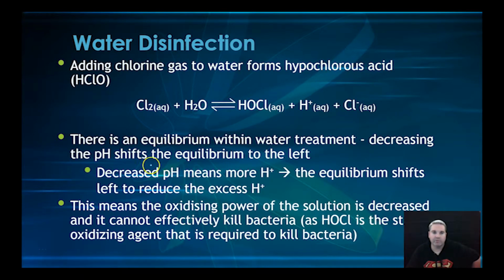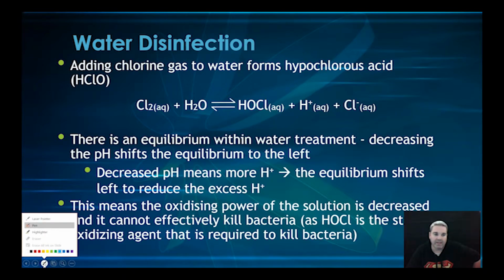So if we decrease the pH, what we're doing is we are adding H+. Okay, so if we're adding H+, we're increasing this concentration. Now what the equilibrium is going to do is shift to try and decrease that. So what happens is the equilibrium shifts to the left to decrease this H+ concentration. So it's going to decrease our hypochlorous acid concentration and increase our chlorine gas concentration.